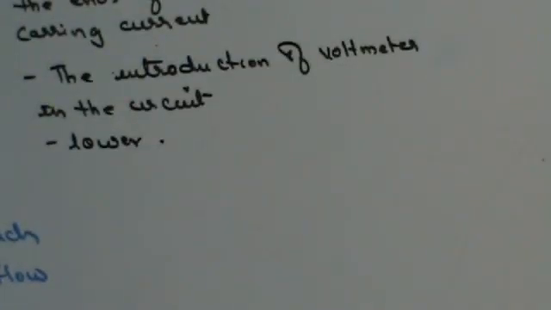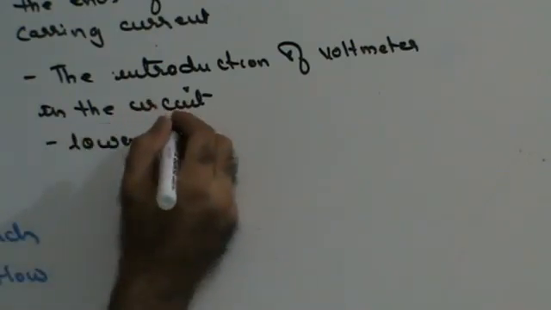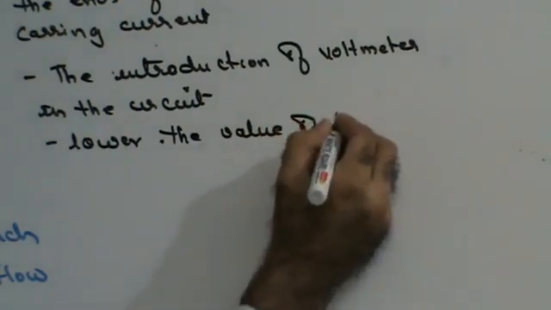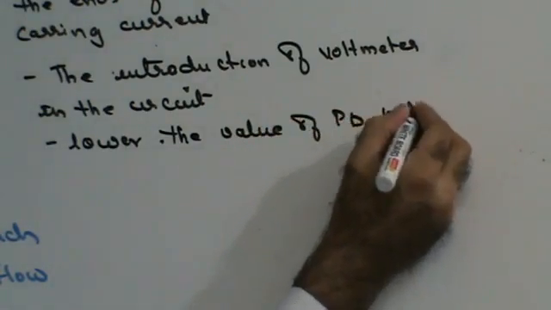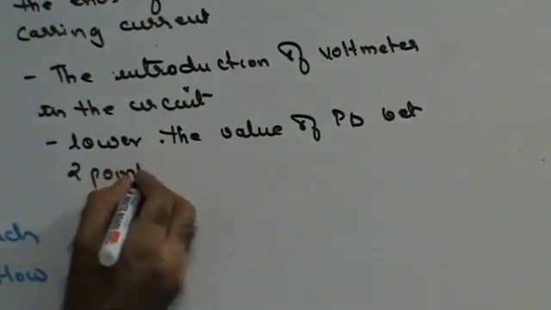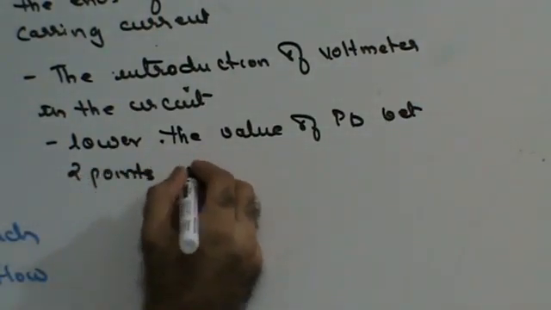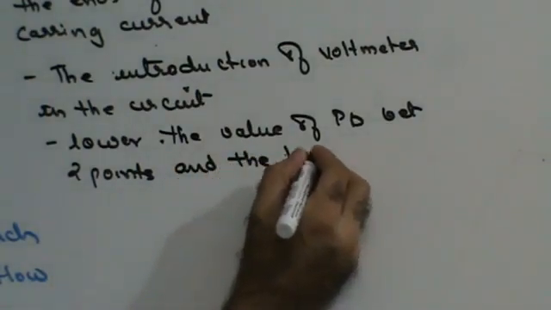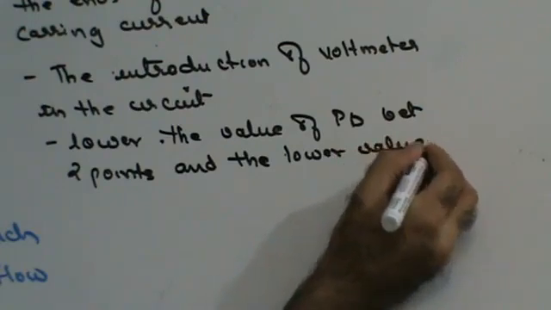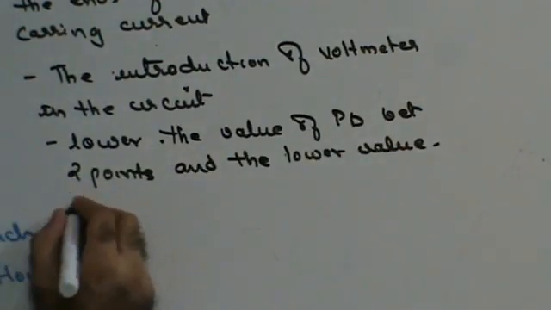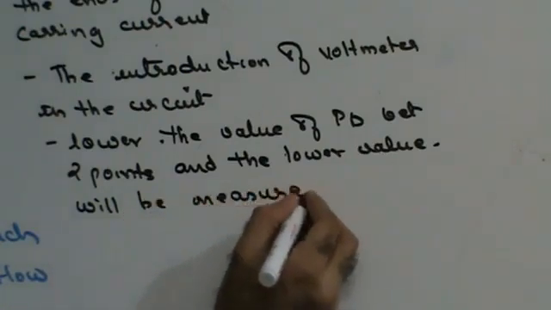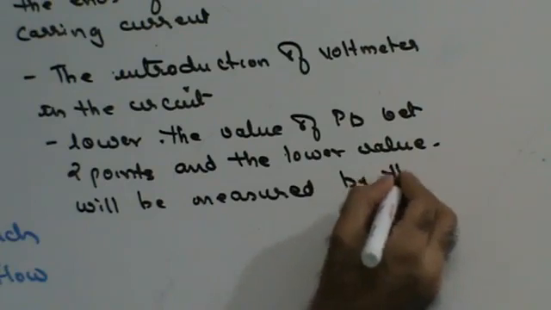This may lower the value of potential difference between 2 points, and the lower value will be measured by the galvanometer.